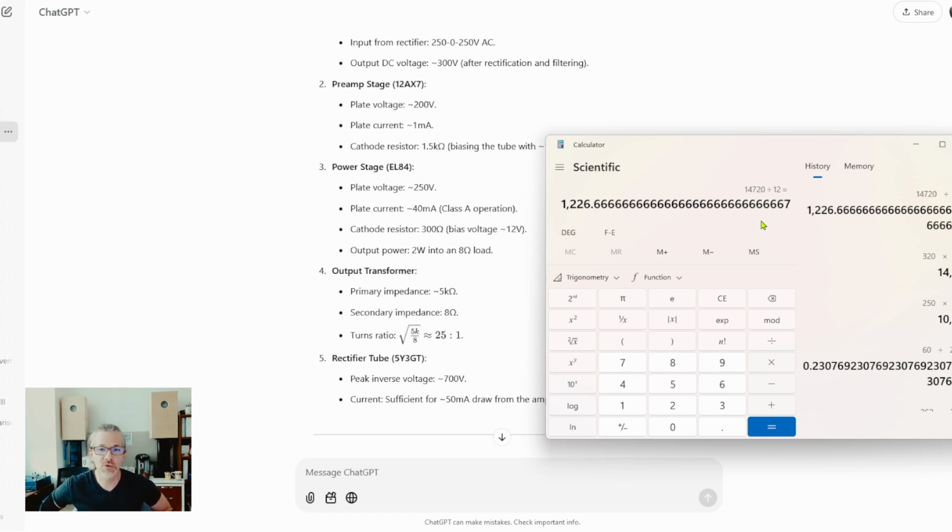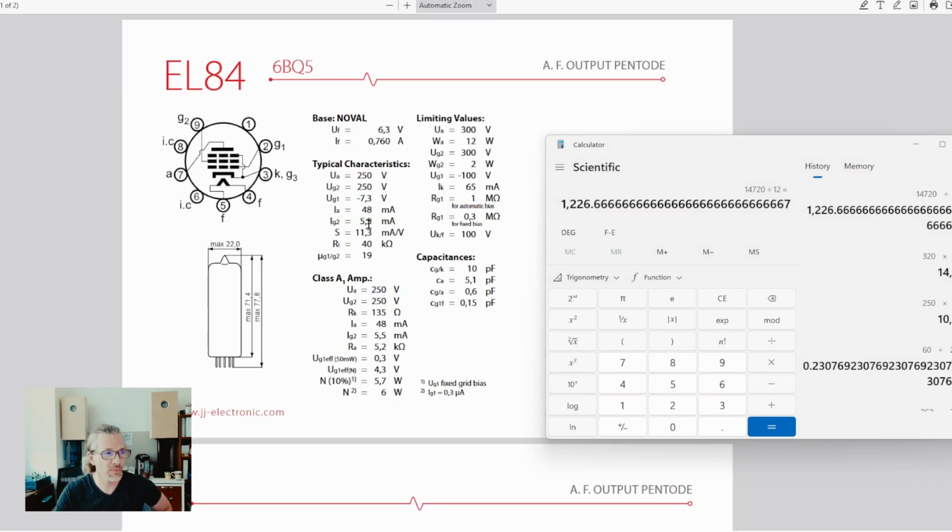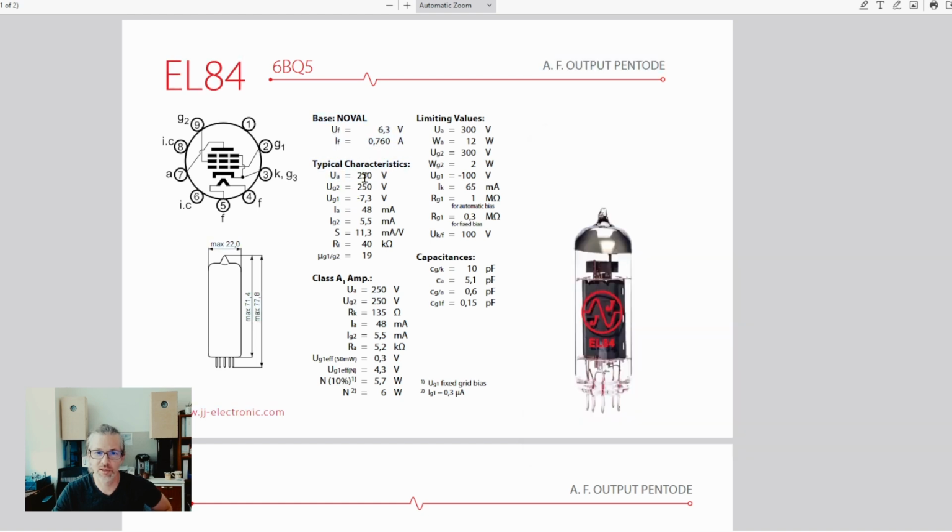And if you know about power tubes, let me just show you what I'm talking about. Here you go. This is a data sheet for an EL84, and you see it has typical characteristics: 250 volt, and limiting values, which is the maximum you can use.